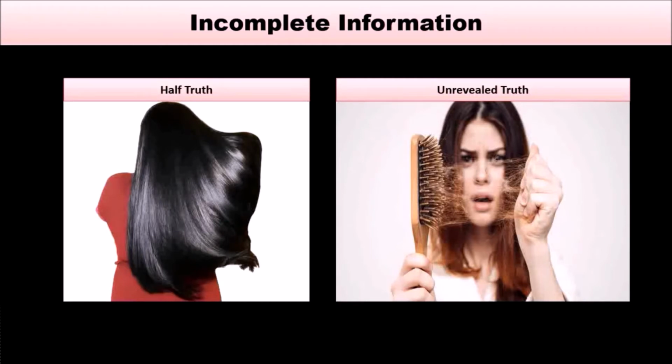They never tell you about the disadvantages of their products, such as that those products contain chemicals that make hair weaker. They only tell about the benefits of the product. They never highlight the disadvantages of using their product.